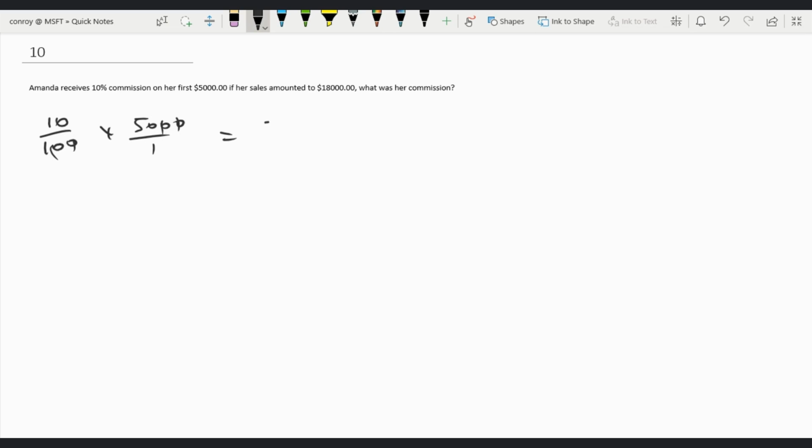We know that would be equal to $500. All right. So the balance of the sale would be equal to 18,000 minus 5,000. That's equal to 13,000.